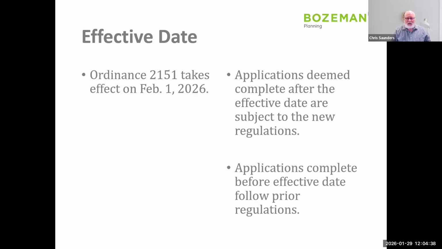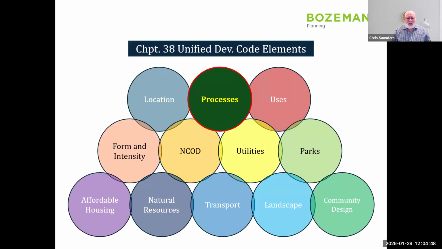So we will continue to see some projects moving forward and going to construction that were under the regulations that will be replaced. As I mentioned, this afternoon we are looking at the process section of the Unified Development Code. There are a lot of different elements and parts that make up the Unified Development Code.